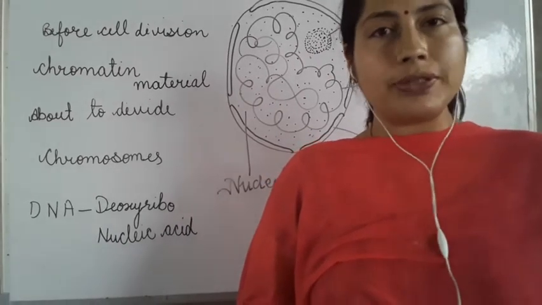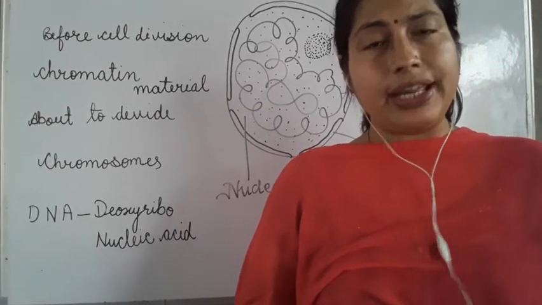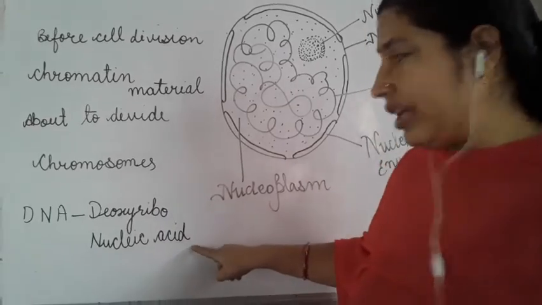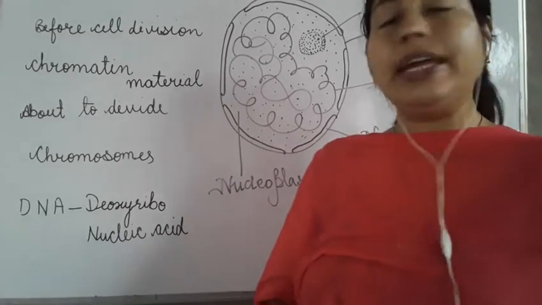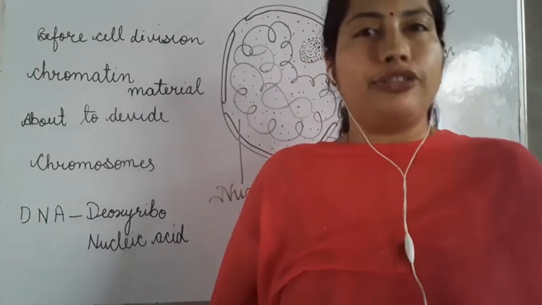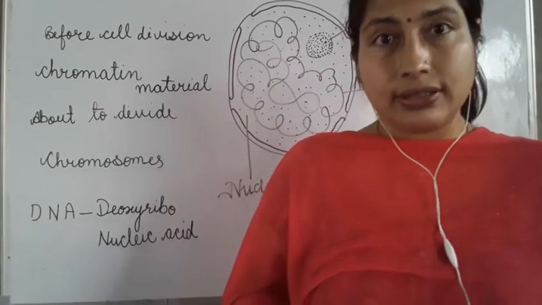And chromosomes have DNA. DNA is deoxyribonucleic acid. What is the full form of DNA? Deoxyribonucleic acid. And the functional site of DNA is called a gene. Clear?